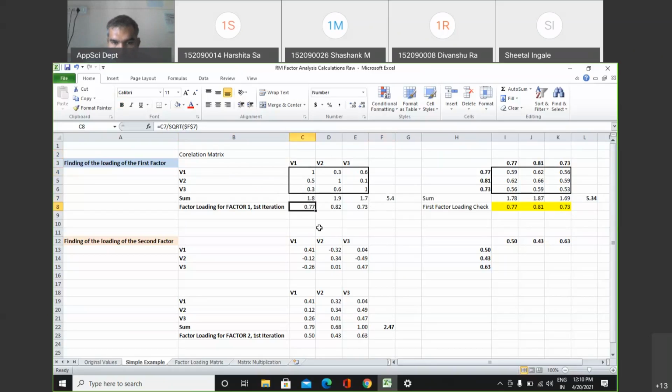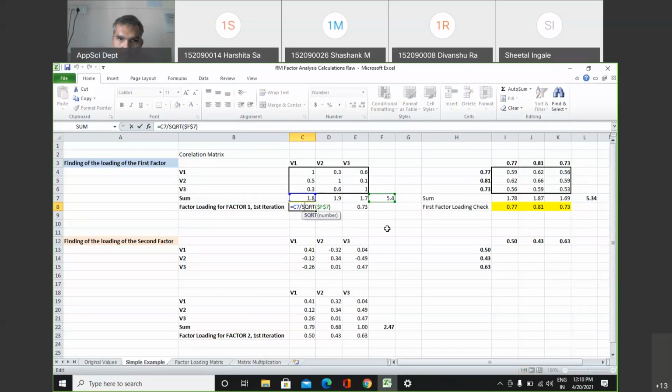Then while calculating the factor loading of the first factor, we divide the sum here, 1.8, by the square root of this 5.4, the square root of this grand sum.